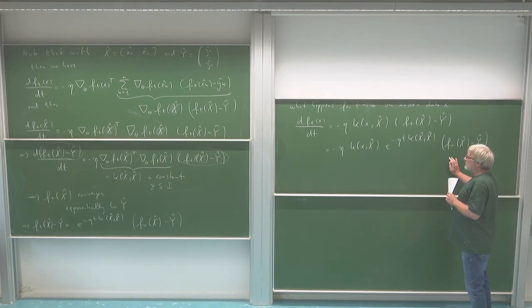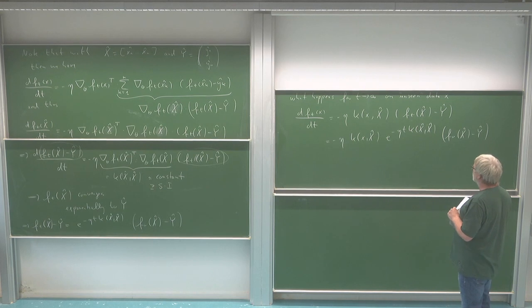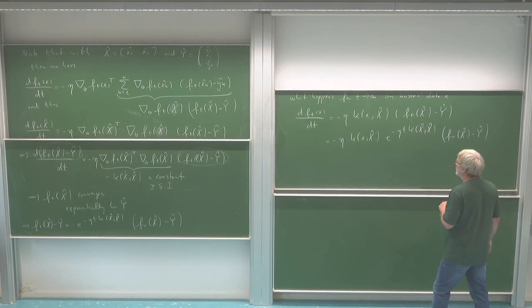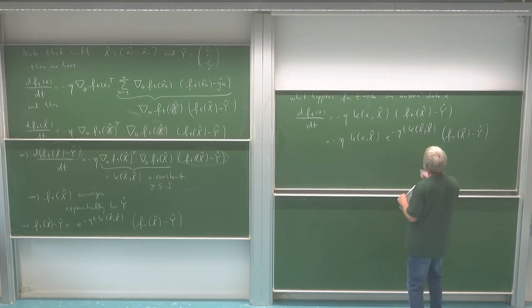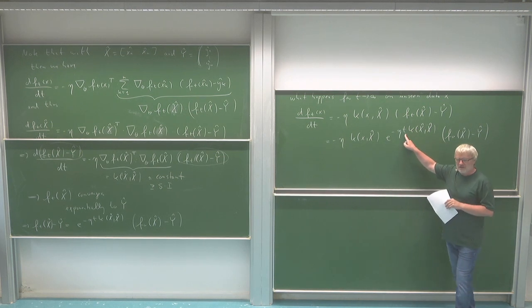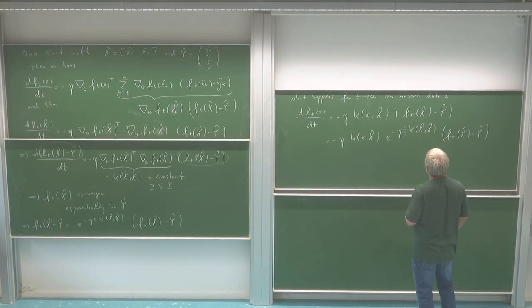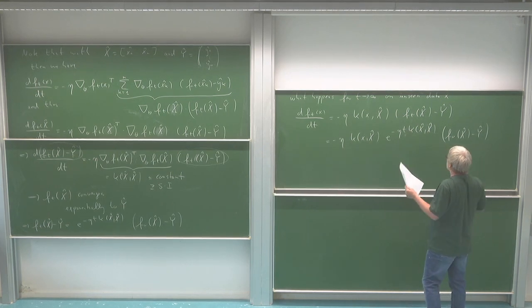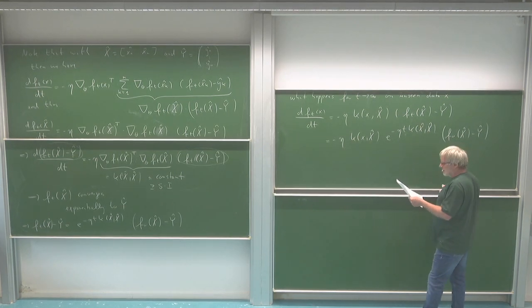Good, and so you see I have now here a differential equation again. And yeah, I mean the t is only showing up here. Okay, so this is just the exponential. And everything else is constant. It depends on x, but nothing else depends on t.